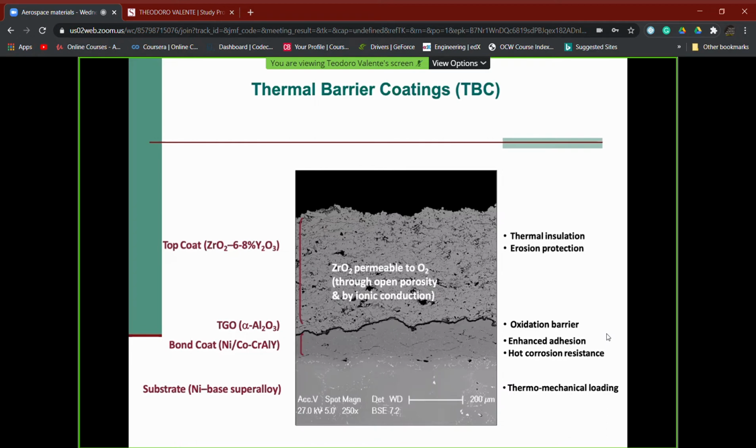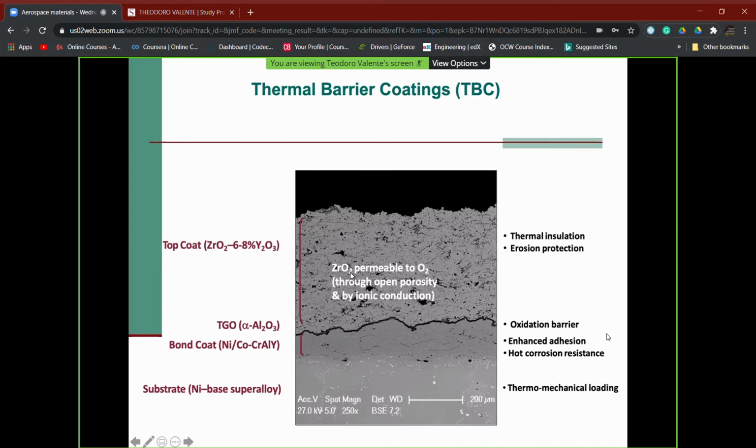And inside the class of the oxide-based materials, zirconia is the most suitable one, because zirconia can be transformed, and now we have to discuss also this, not pure zirconia, but with this percent of yttria, to have partially stabilized zirconia.